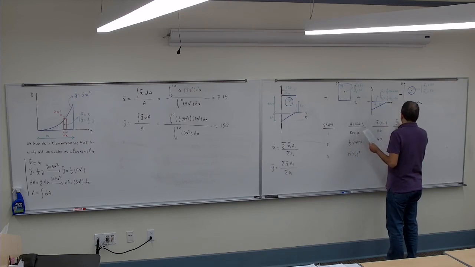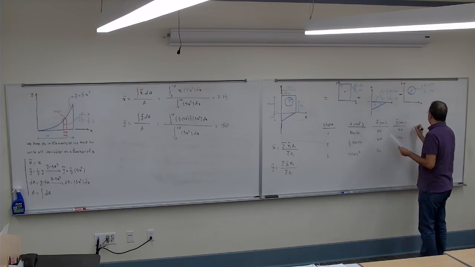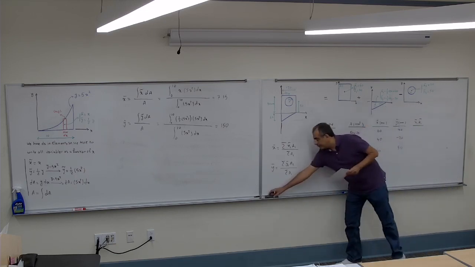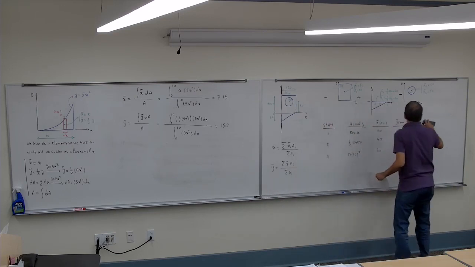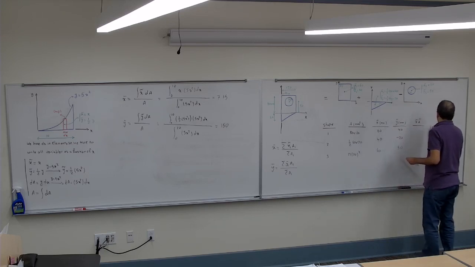Y tilde is going to be 40, negative 20, and 50. And then I have x tilde i Ai and y tilde i Ai.